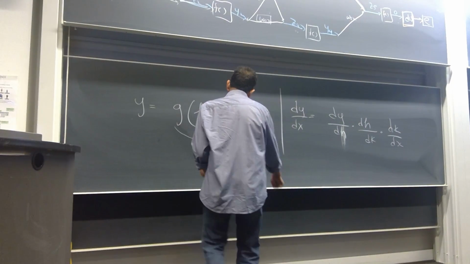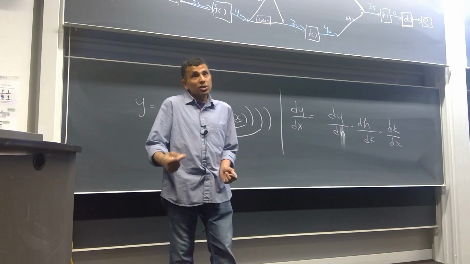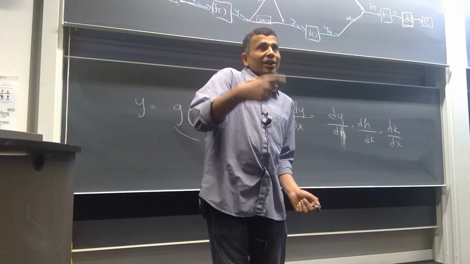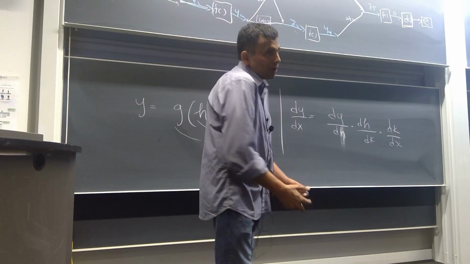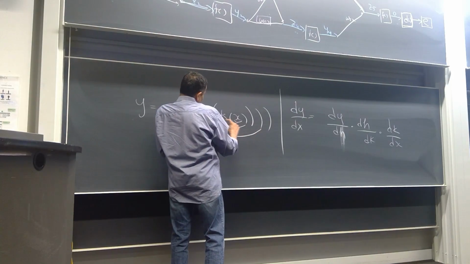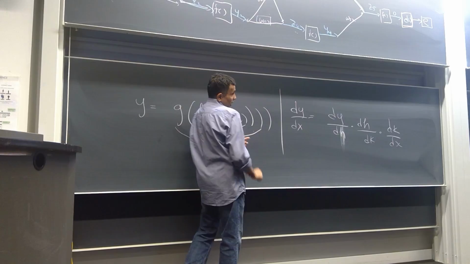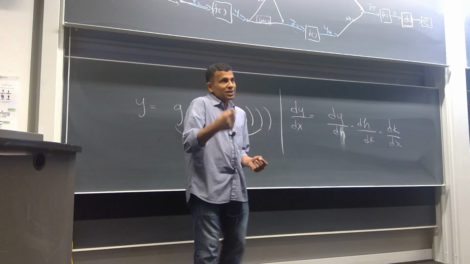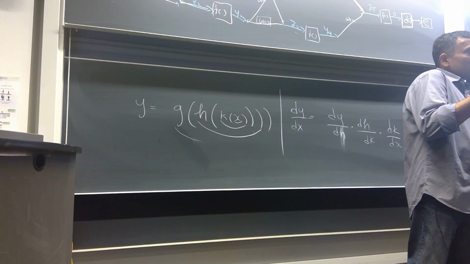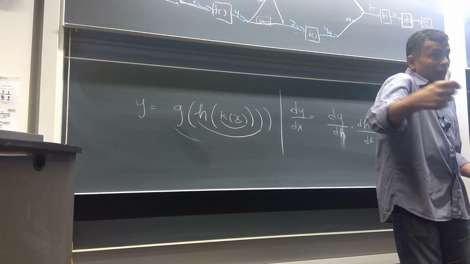Then, changing the outermost function requires changing the argument to the outermost function, which means changing the argument to the argument. So the next one is how much does this get influenced by k? And then the next one is, okay, if you're going to change k, you have to change the argument to k itself. How much does a change in k respond? How does a change in k happen if I change x? So that you're going from the outside in.